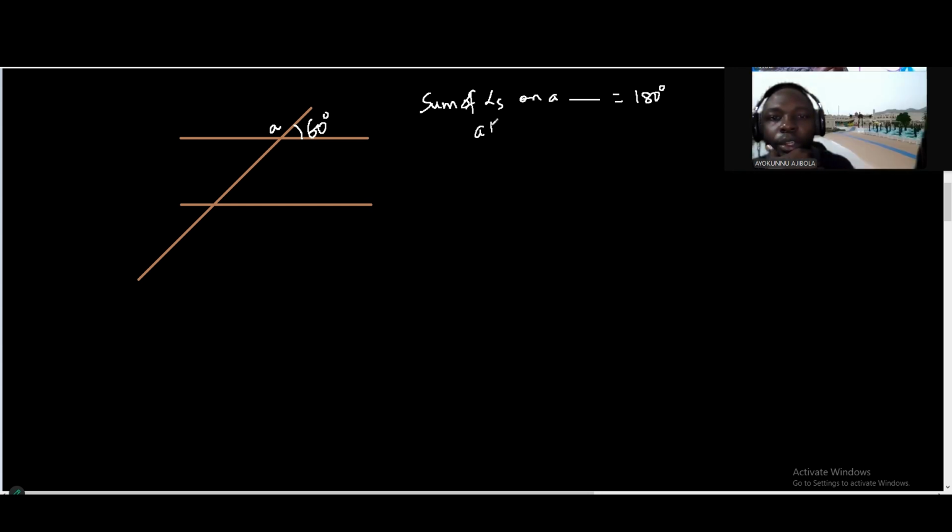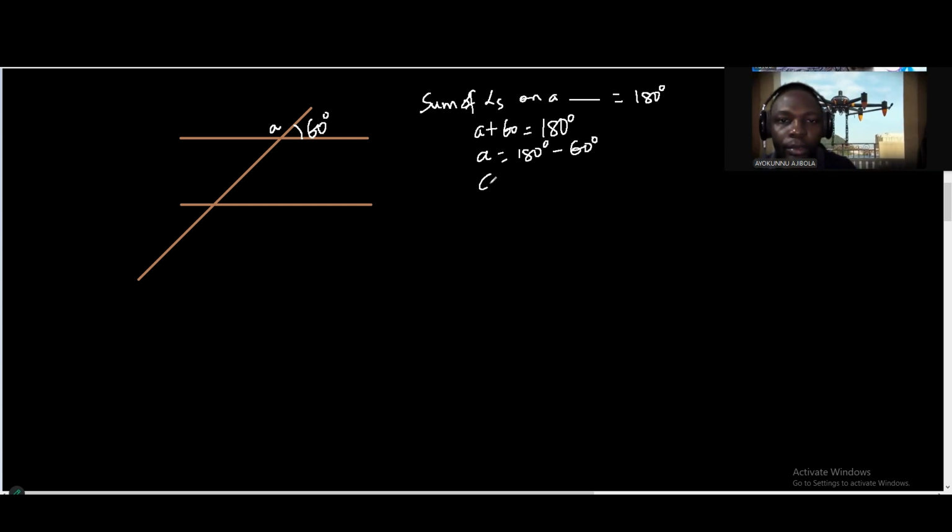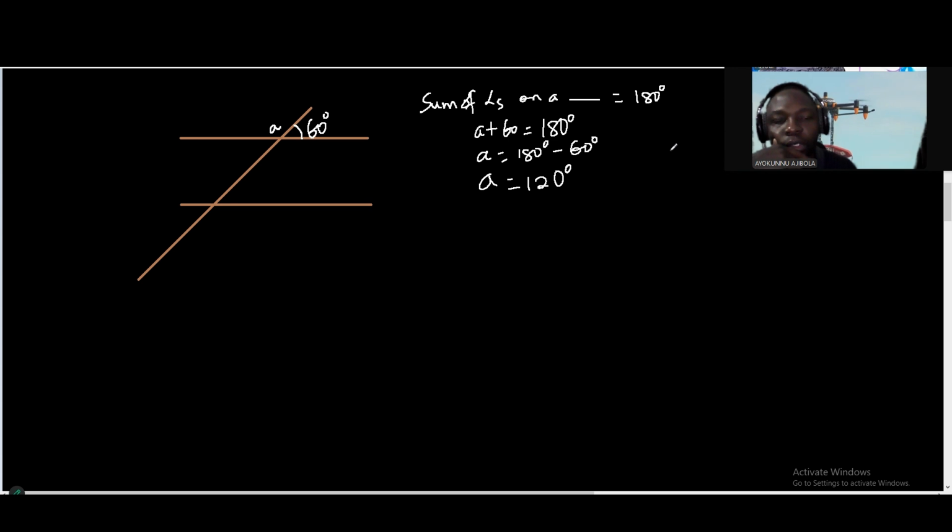So you say A plus 60 equal to 180 degrees. That means A equal to 180 degrees minus 60 degrees. And A will be 120 degrees.